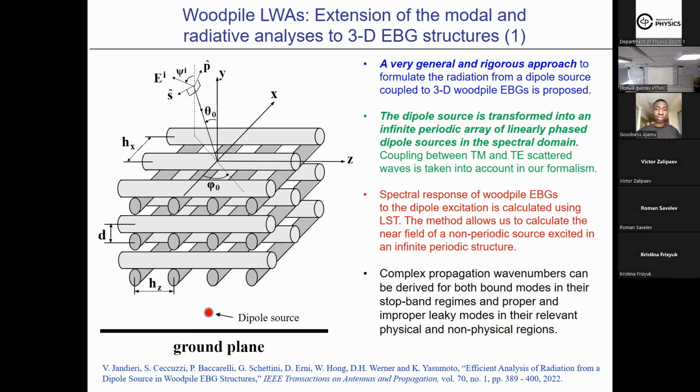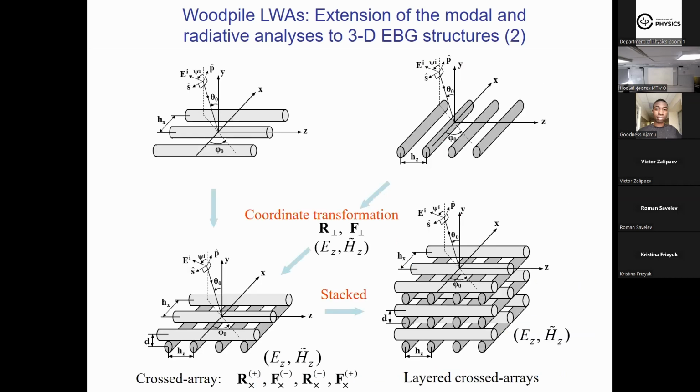The problem I propose here is actually very straightforward for this kind of structure. What is important is that I first consider this structure, which is periodical on the x-axis. Then I consider this structure, which is periodical on the z-axis. The multiple interaction between these layers should also be taken into account.